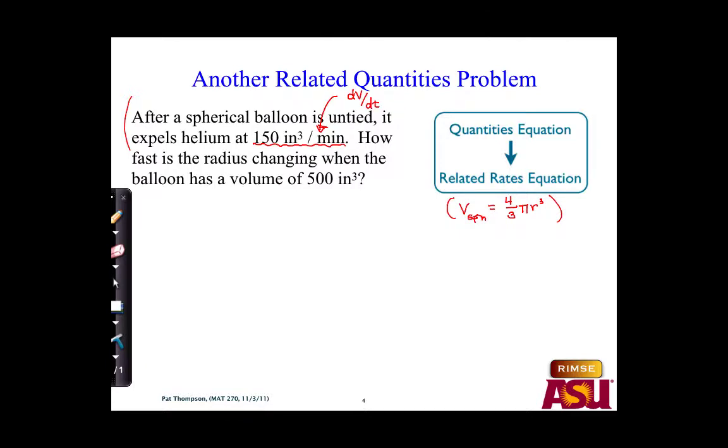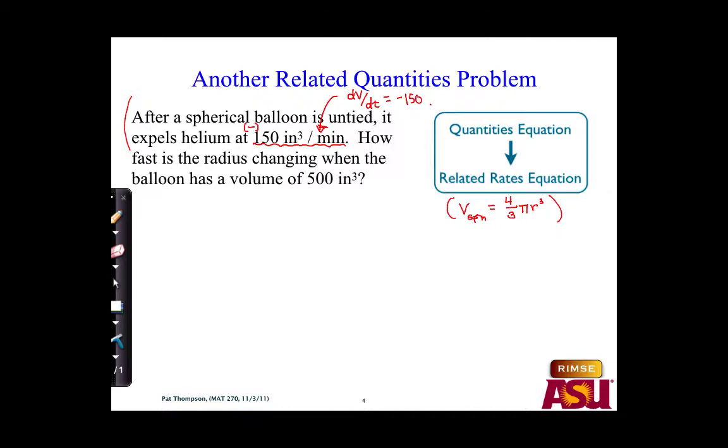And this is getting smaller by that amount. So if I wanted to give a value to this, I'd say dV dt is negative 150. And if I read this question, that's not just at a particular point in time, it's apparently always. It's a constant rate at which the volume is decreasing. The helium is leaking at a rate of 150 cubic inches per minute.